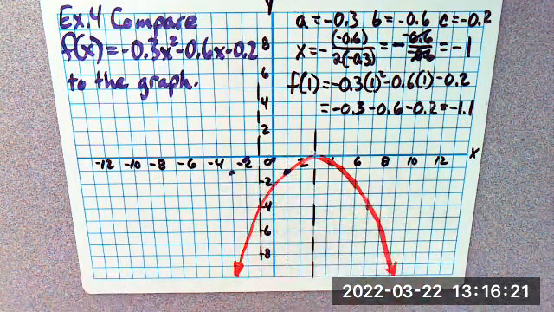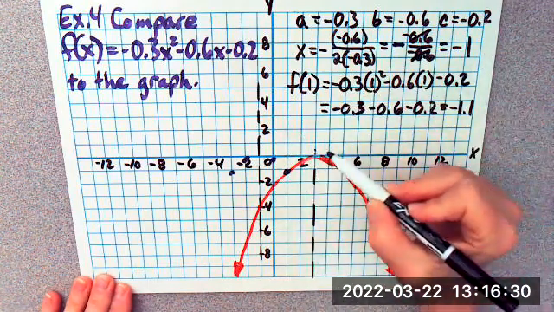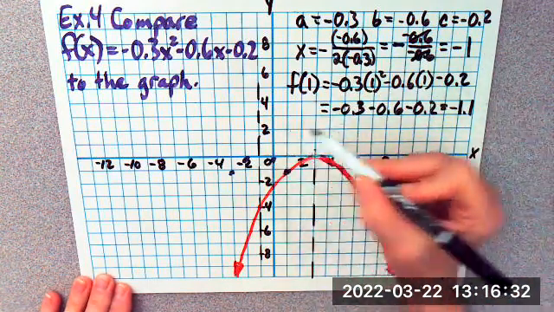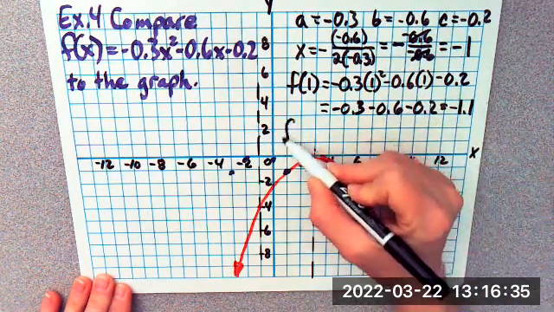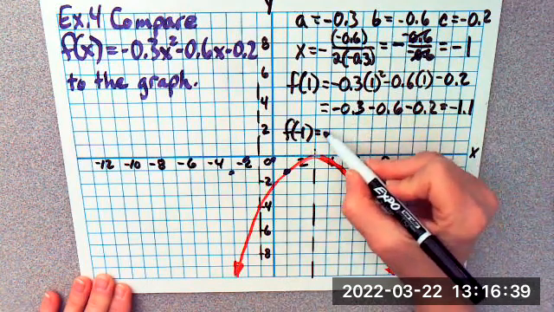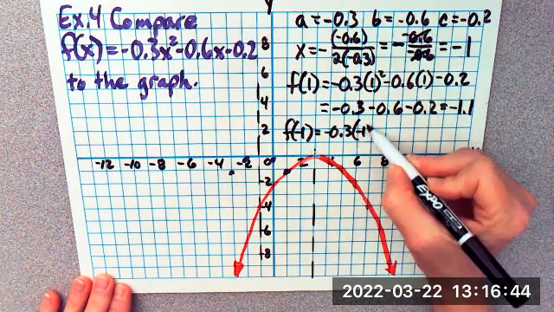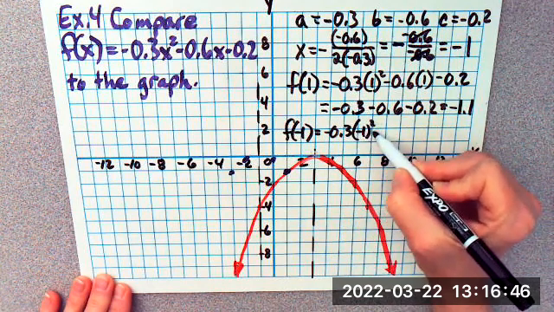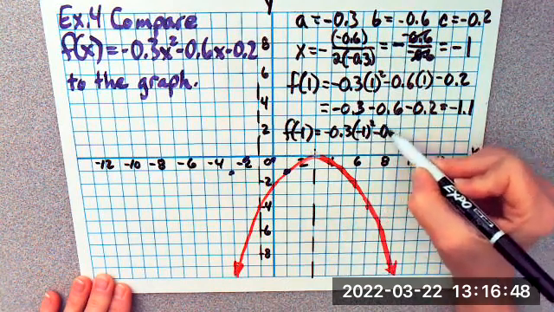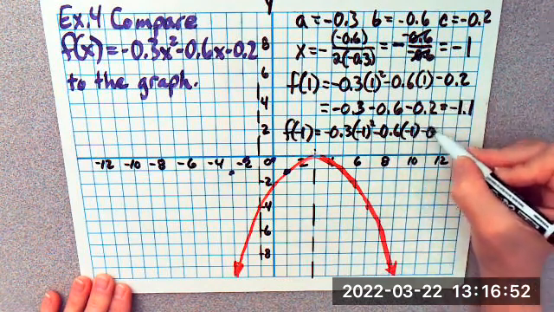There we have it. And we forgot to find the vertex. That is very important, by the way. So we have the vertex at negative 1. So let's put in f of negative 1. So that gives us negative 0.3 times negative 1 squared minus 0.6 times negative 1 minus 0.2.